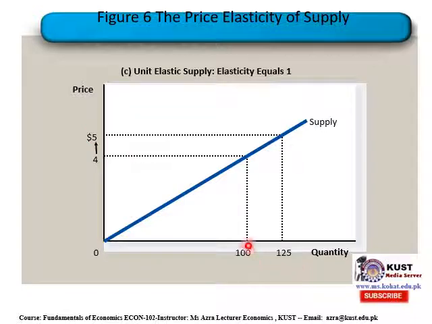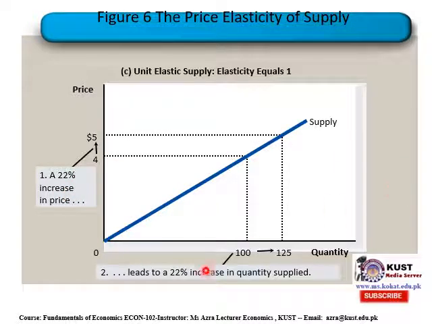Quantity supplied has been increased from 100 to 125, which shows that a 22% increase in price level leads to the same 22% increase in quantity supplied. Uniform change, same increase or same decrease, is called unit elastic curve.